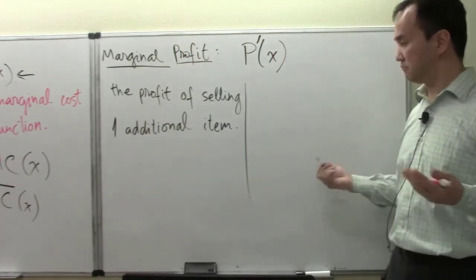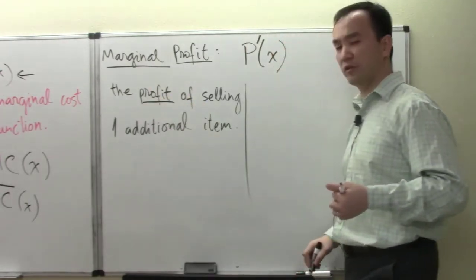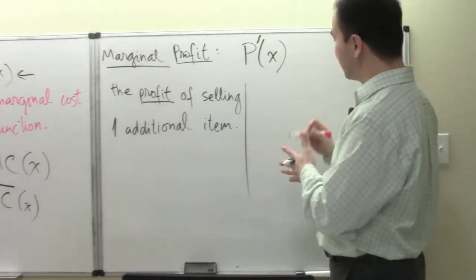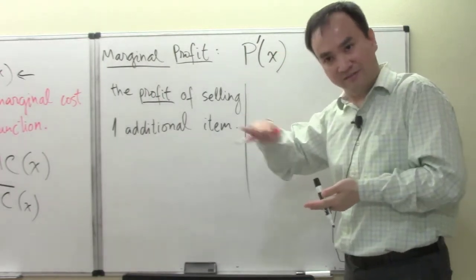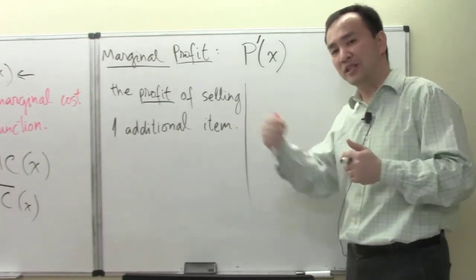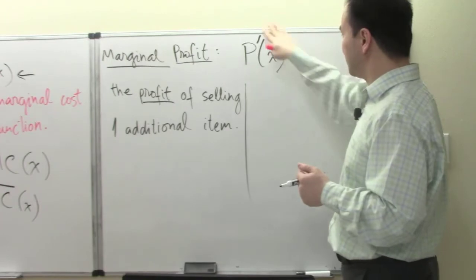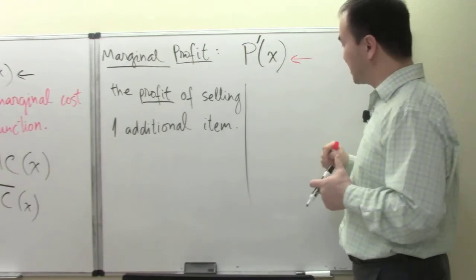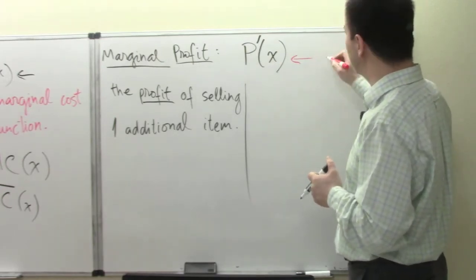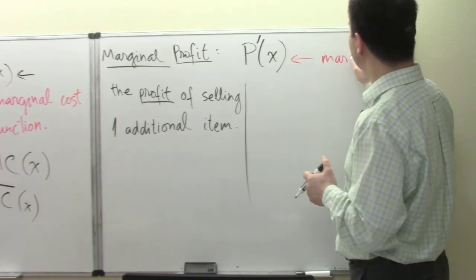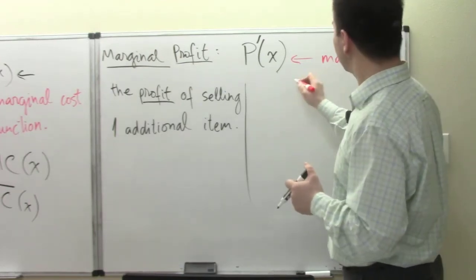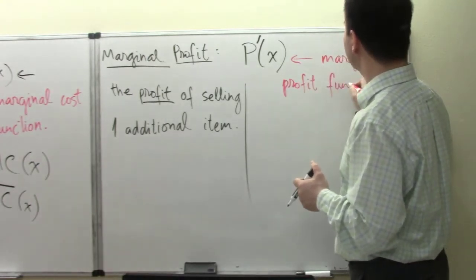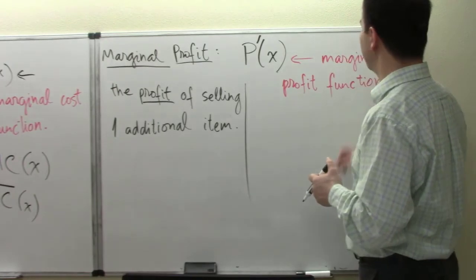P prime of x, as a function before we substitute a value in, is the symbol officially and widely used throughout a good majority of textbooks to represent the marginal profits function. Okay, that's what it is.